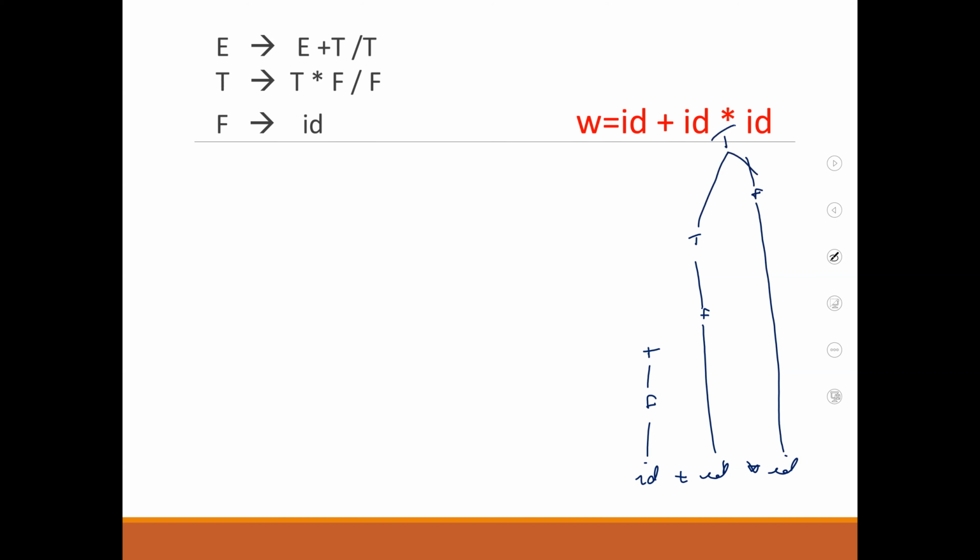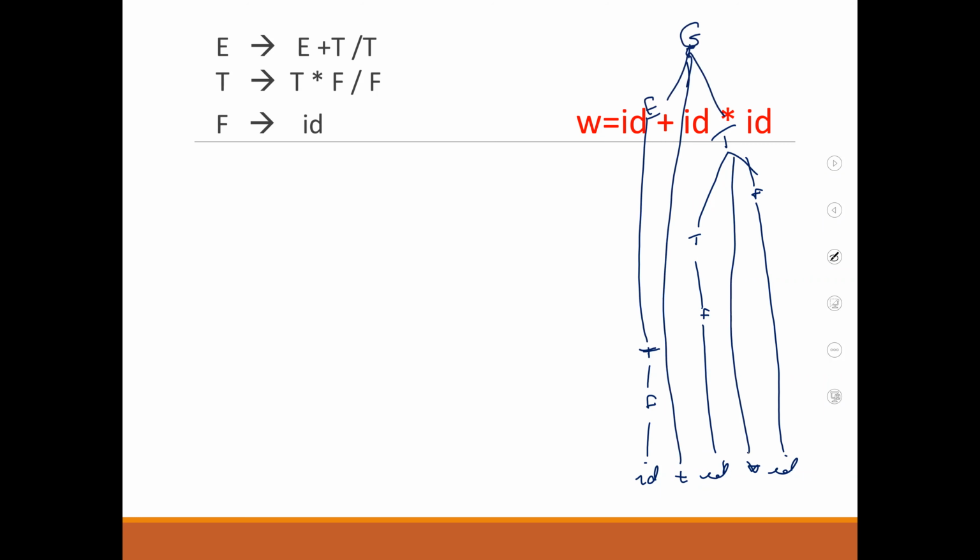F, T. Yeah, this makes an E. This makes an E plus T. Yeah, plus is over there. Okay, and then you can write the derivation.